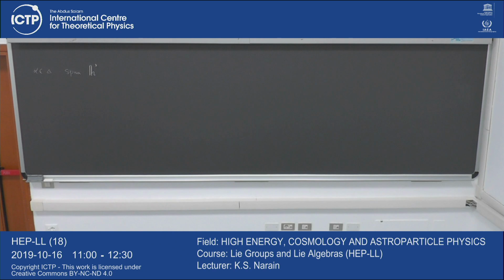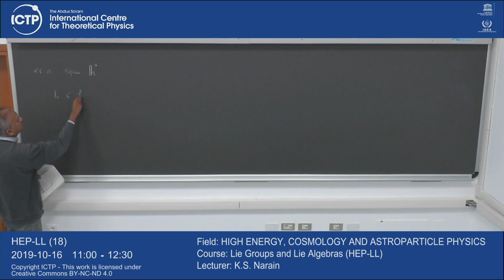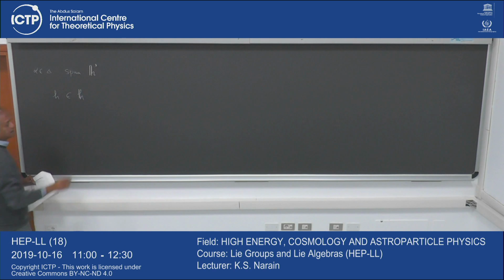I mean, if they do not span, so what does it mean to span, right? H itself is in the Cartan algebra, right? This is the original Cartan algebra. Now we are talking about the space of linear functions.